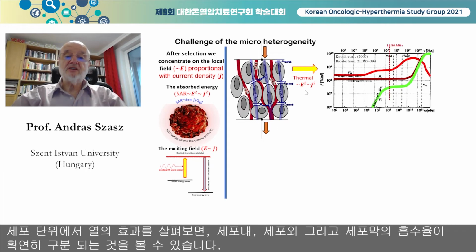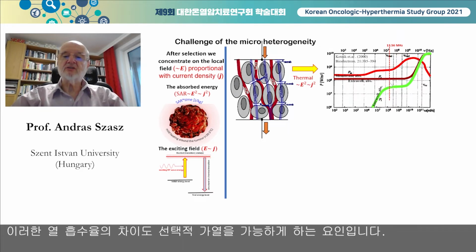So if we see what the heat effect is in the different cells, we can see that the intercellular absorption, the extracellular absorption, and membrane absorption are different, and the ratio between these is very definite here. So we are using this area for membrane absorption also, so it's one selection factor.